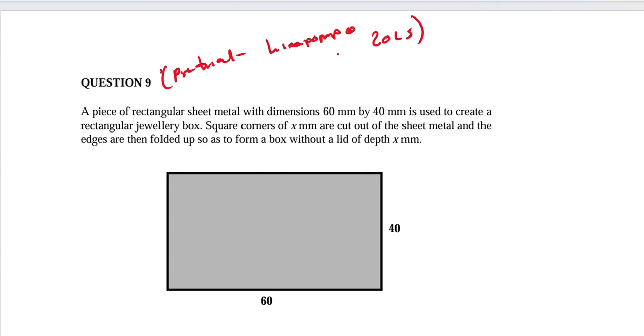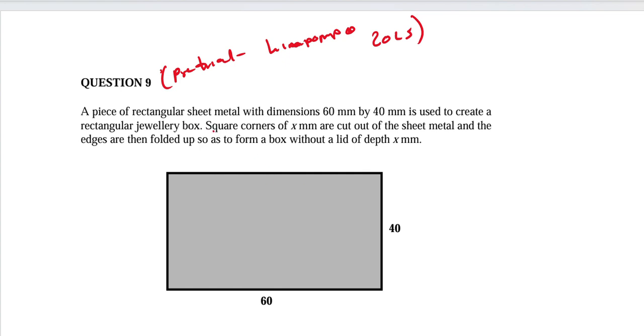So they say a piece of rectangular sheet metal with a dimension of 60 millimeter by 40 millimeter is used to create a rectangular jewelry box. This is our 60 millimeter, this is our 40 millimeter, this is our piece of rectangular sheet.